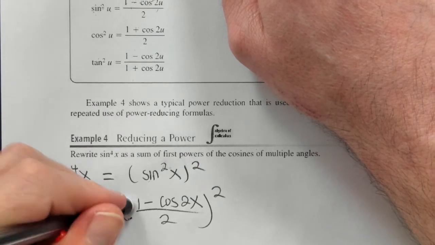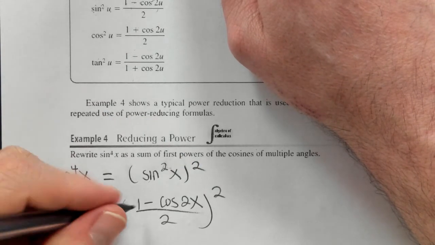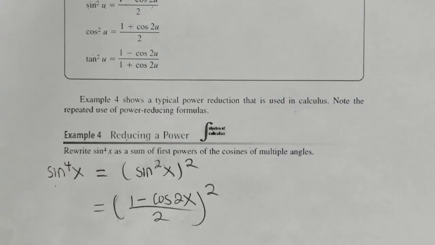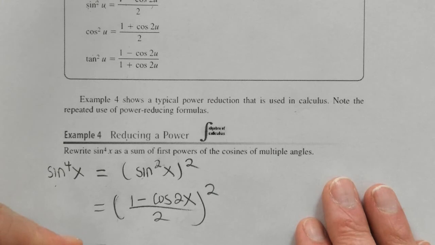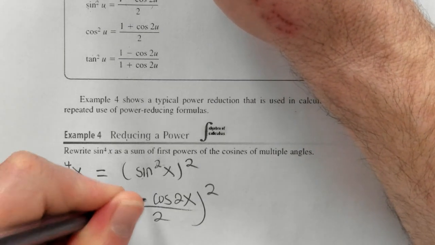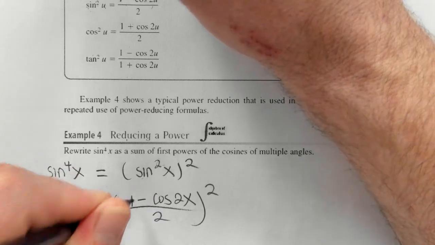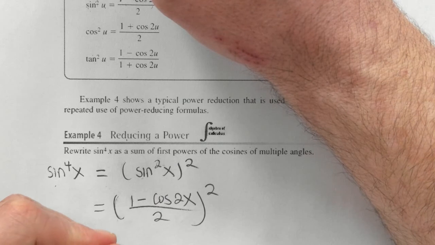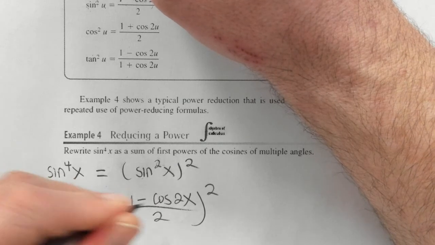Okay? All right, so now at this point I can actually square this thing out. And so this would be 1 minus cosine of 2x times 1 minus cosine of 2x. So I'll multiply it out using the distributive property as I normally would. 1 times 1 is 1.